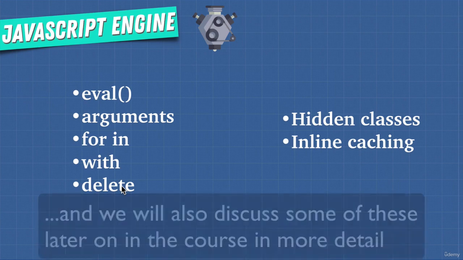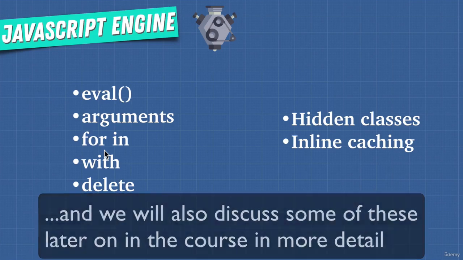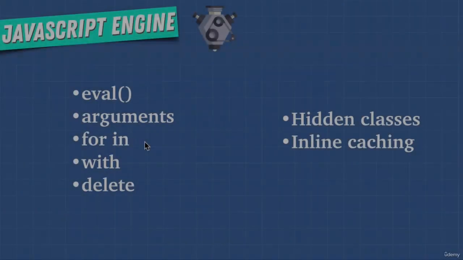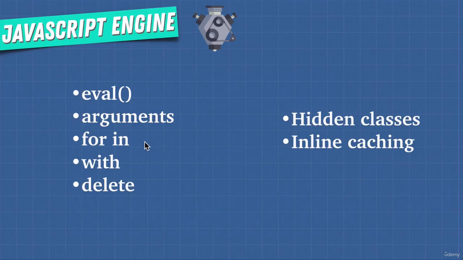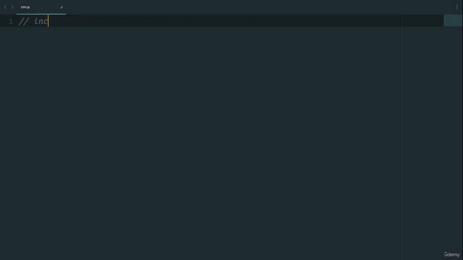Now, I'll leave resources for you to read up on them if you really want to get into the weeds. But there's two main things I want to talk about here that are the main reasons that these things in JavaScript can make our code less optimized. Let's have a look. The first thing I want to talk about is something called inline caching.